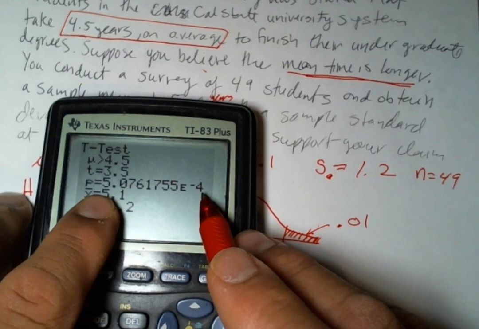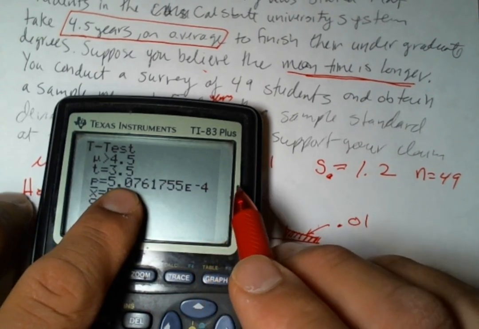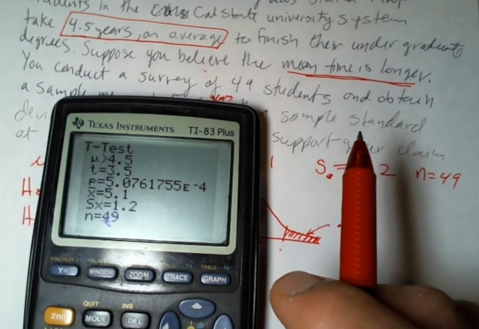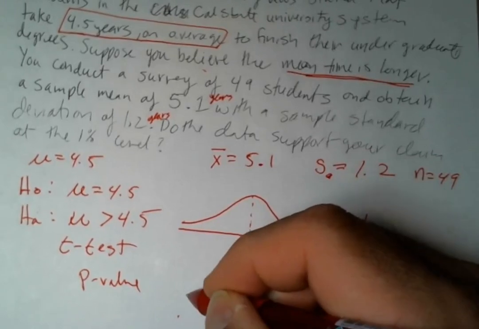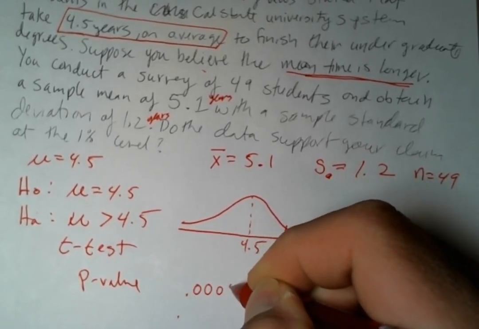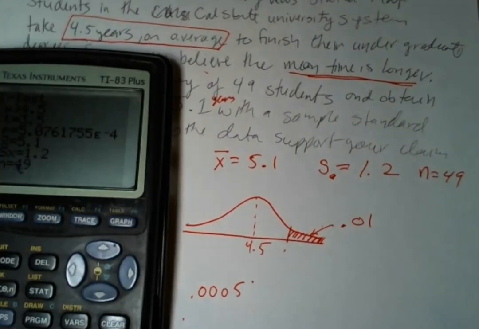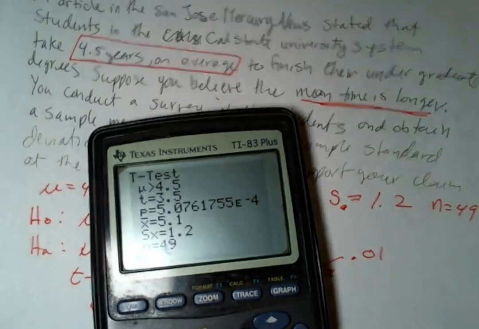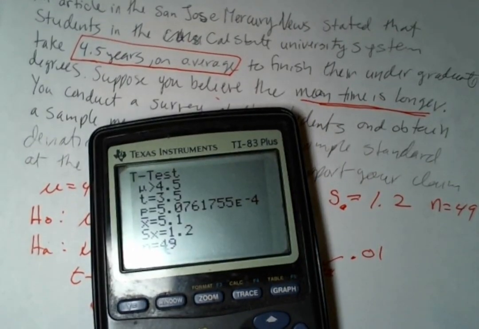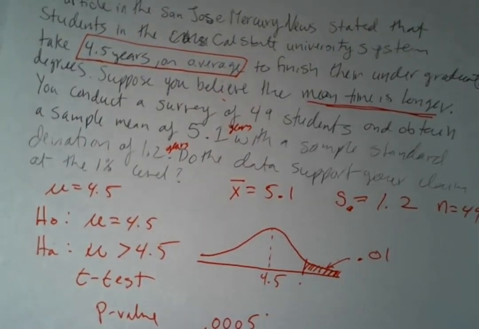The way you interpret this is you move the e to the negative 4 by moving the decimal place four place values to the left. So this p-value is in fact 2, 3, 5, and I think we can just use one digit there, since it's already really small.